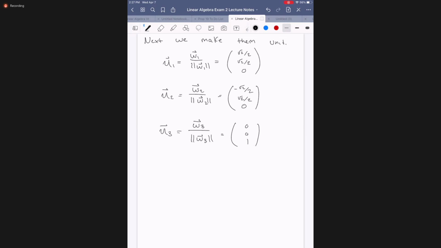That's it. So B equals the vectors. Let's copy them.